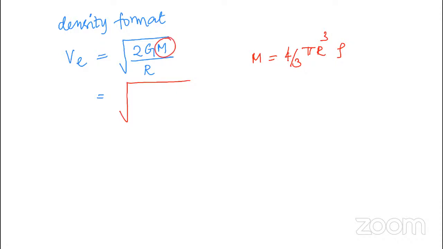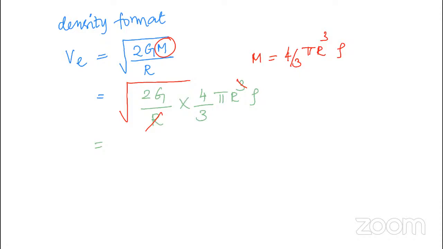So when we substitute for m, 2 into g divided by r into 4 by 3 pi r cube into rho. Okay, so here the common term is r square.